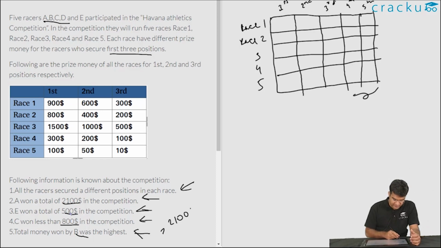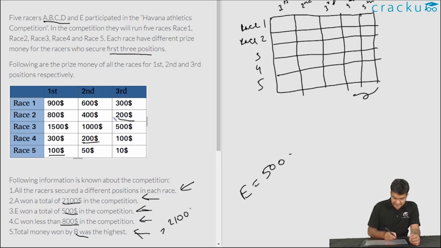So if you are looking to fill the data with either A or E, we would notice that if we go with the information that E has won $500, there is only one combination which will allow that. That is, he comes first in race 5, he comes second in race 4, and he comes third in race 2. These are the only three numbers which actually add up to 500.